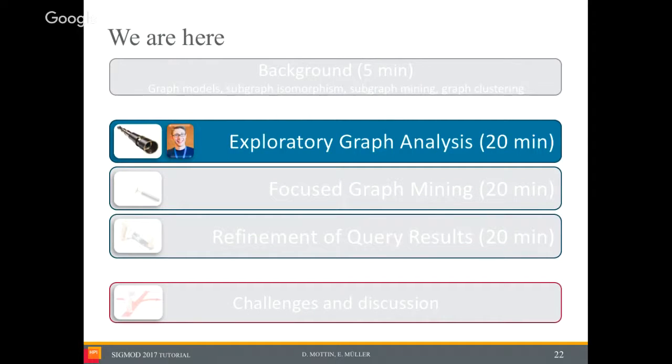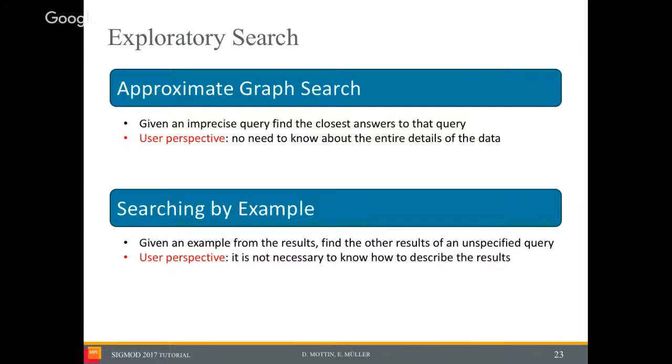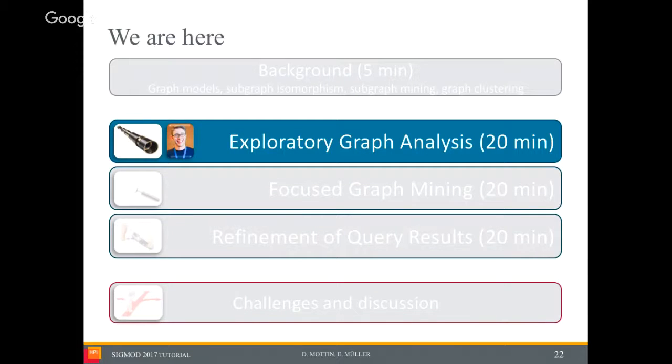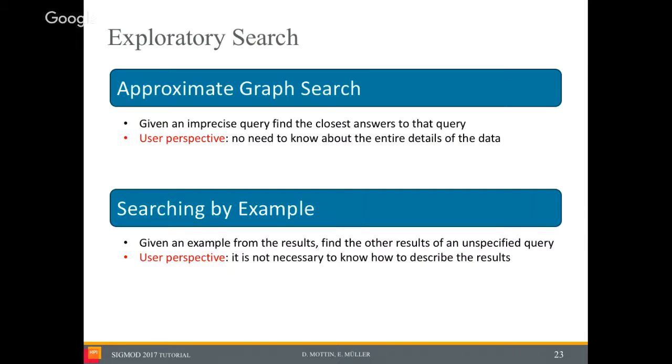Let me start with the first part about exploratory graph analysis. In an exploratory search, as I already said, the user has in mind a query, but this query might be imprecise. If the query is imprecise, then we need a method that is flexible enough to cope with these imprecisions.